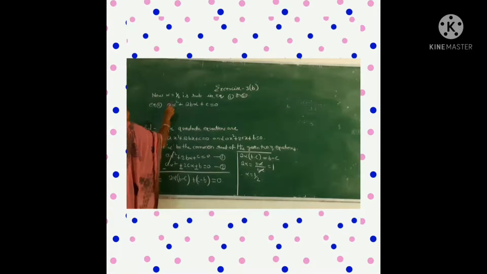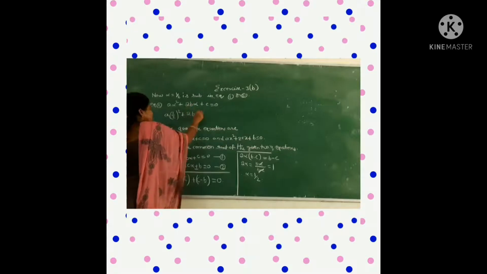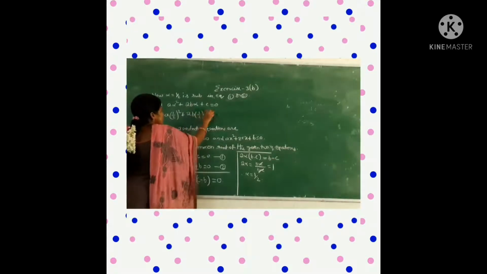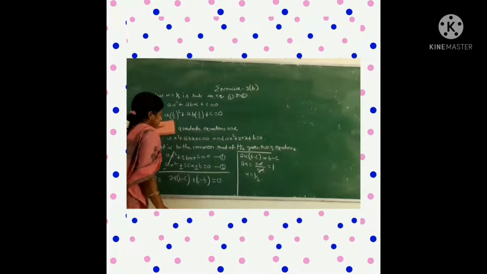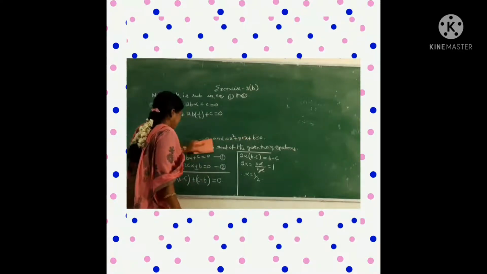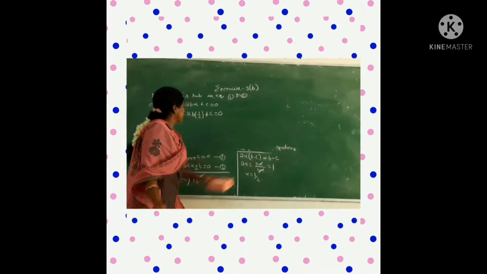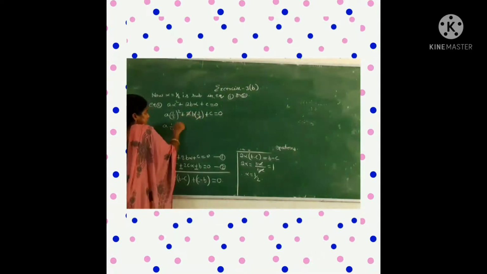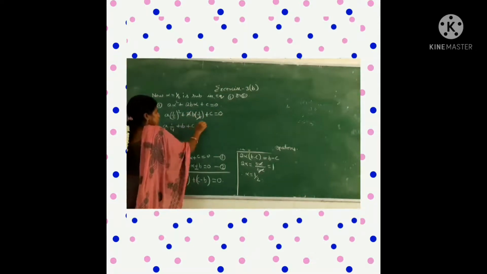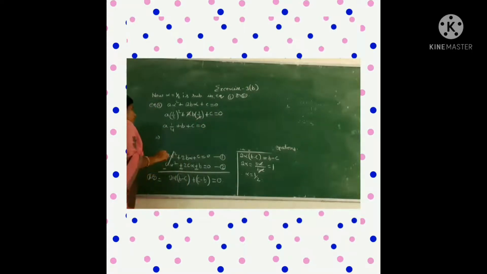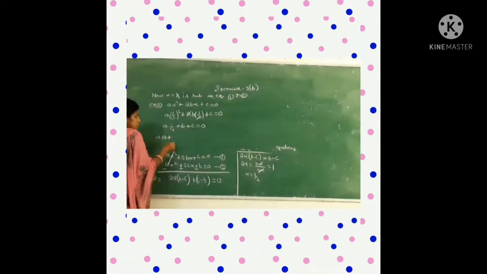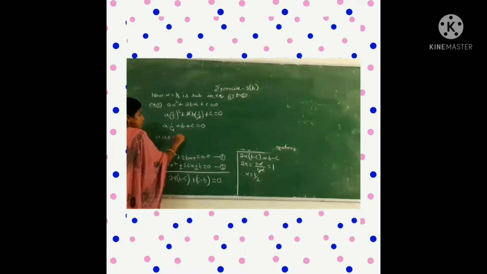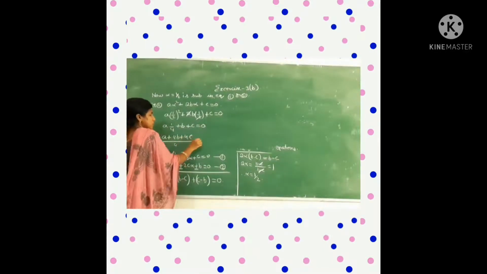Okay, a alpha square means a times 1 by 2 whole square, plus 2b alpha means 2b times 1 by 2, plus c is equal to 0. Okay, see here a by 4, since 1 by 2 whole square means 1 by 4, plus 2 cancels, plus b plus c is equal to 0. Now a plus 4b plus 4c by 4 is equal to 0.